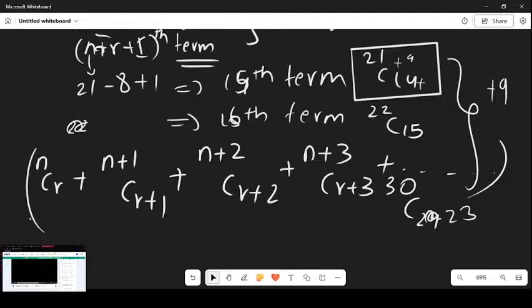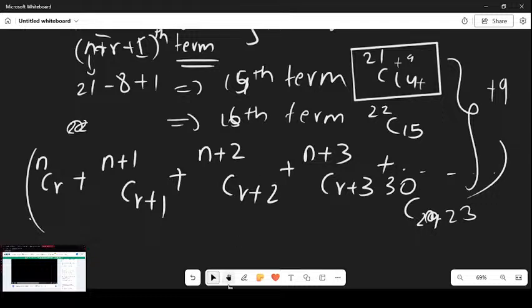First term and... I wish it was 4C0. It's not even 4C0 also. But are we getting the difference same? Are we getting the difference same? Yes, n minus r factorial.